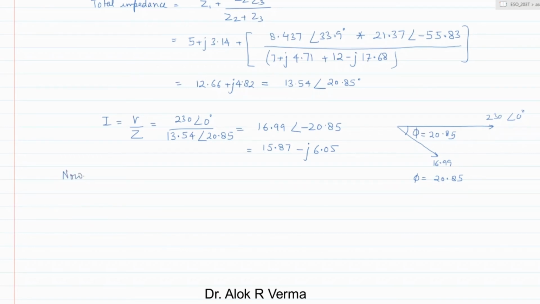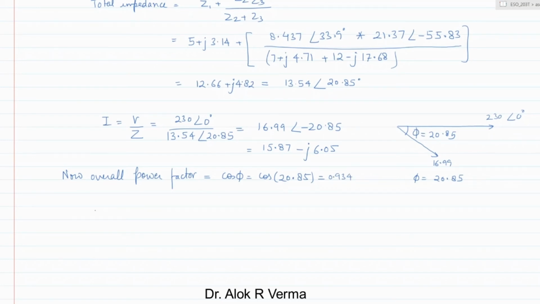Now the overall power factor is nothing but cos of phi, and if you calculate it, it is 0.934.